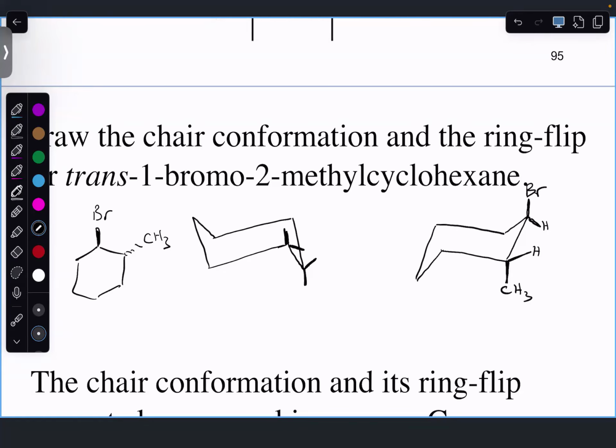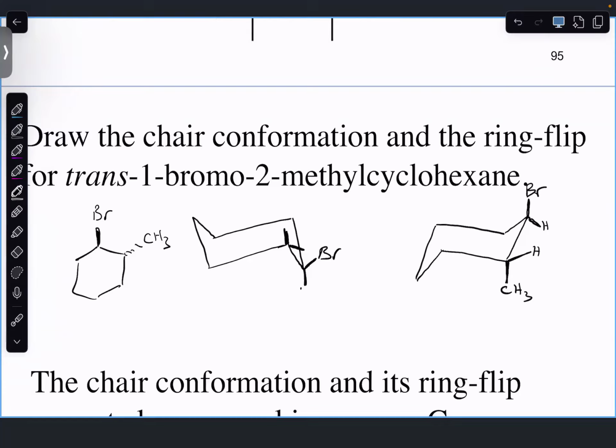So where's the bromine on this C1 position? Is it equatorial up or is it axial down? Equatorial. Yeah, it has to be the same direction as it was here. If the bromine is up here, it has to be up there. Remember, the chair flip only switches axial equatorial.